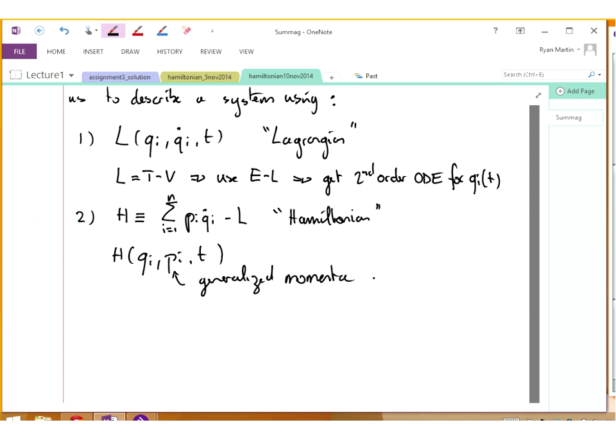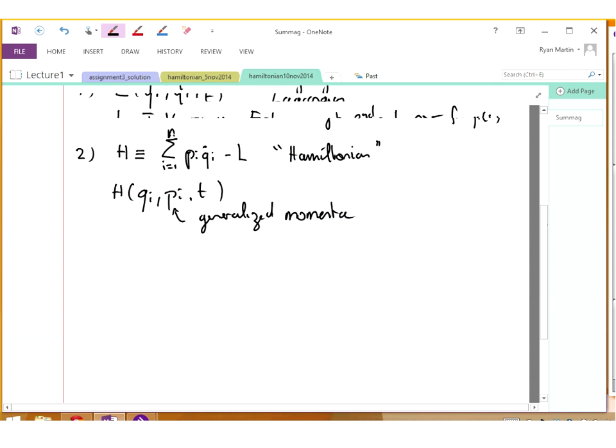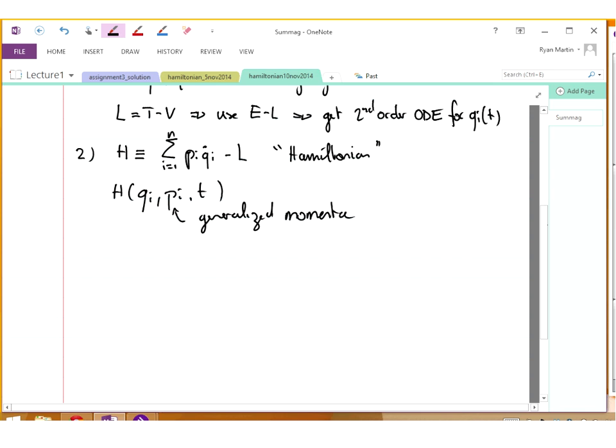And to go back and forth, we have the definition of H, that's the transform that allows you to go between H and L, and then to remove the coordinates, we found these transformation equations. So the p_i's are given by ∂L/∂q_i dot.